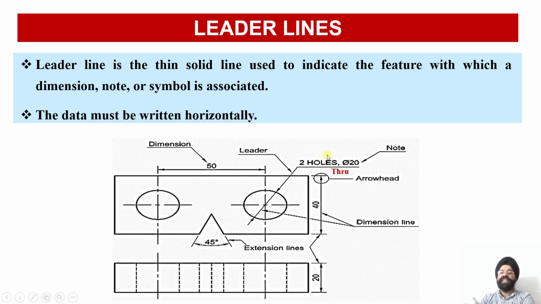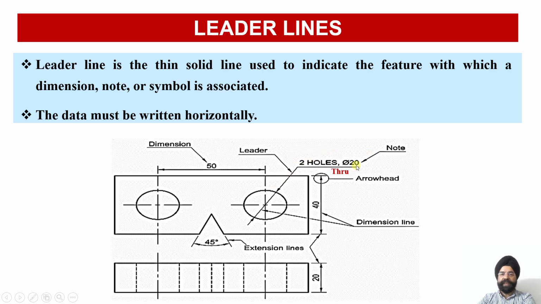Similarly, let us say I want to provide special instruction regarding surface finish of this hole. So I could have put down an instruction over here that my surface finish of the hole should be this much. And similarly, if I wanted to have special hardness requirement on this whole surface, again the hardness requirements I could have put down onto this leader line.